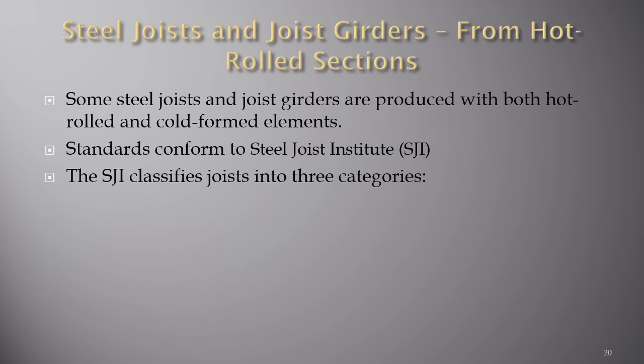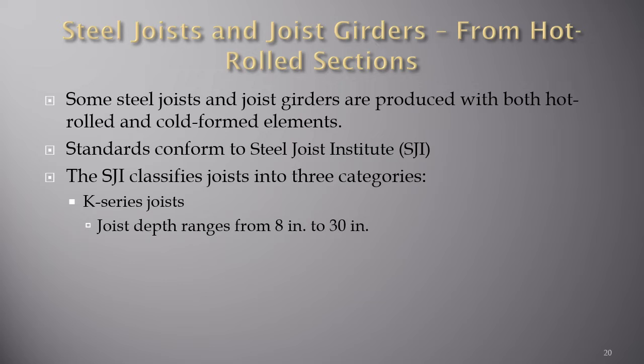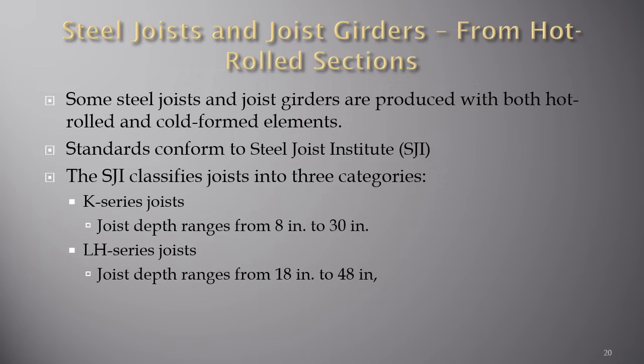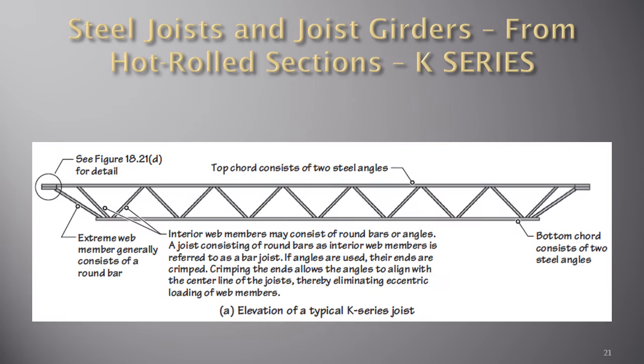And the Steel Joist Institute will classify them into three categories: K series, which are 8 to 30 inches in depth; LH series, which are 18 to 48 inches in depth; and DLH series, which will range from 52 to 72 inches in depth. And this is what a steel joist or joist girder will look like.